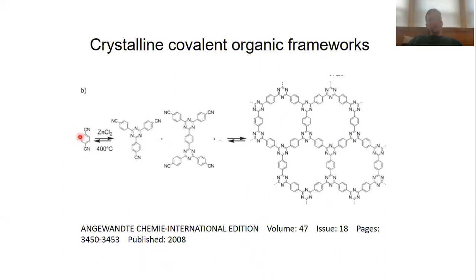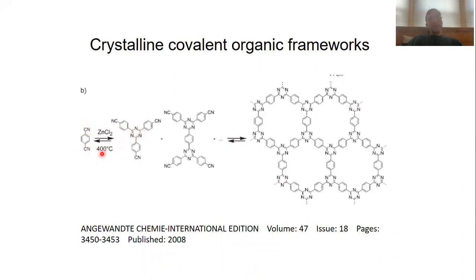So when you start out with this 1,4-dicyanobenzene, then in molten zinc chloride at approximately 400 degrees Celsius, these cyano units trimerize, okay?